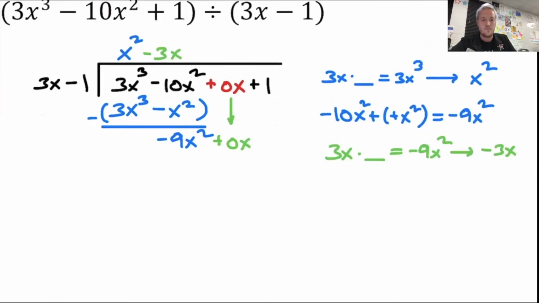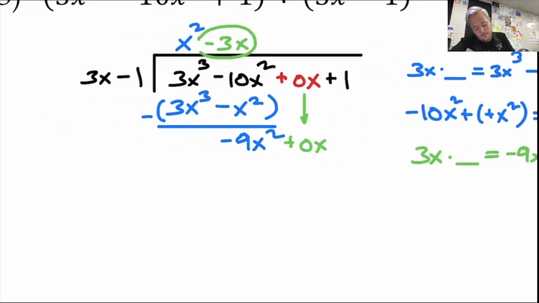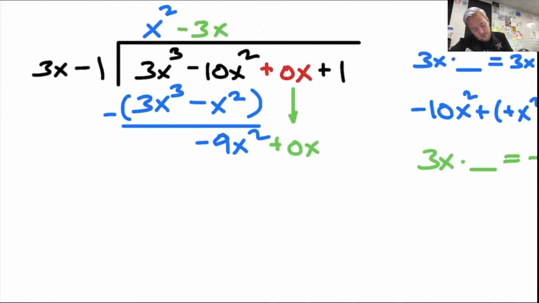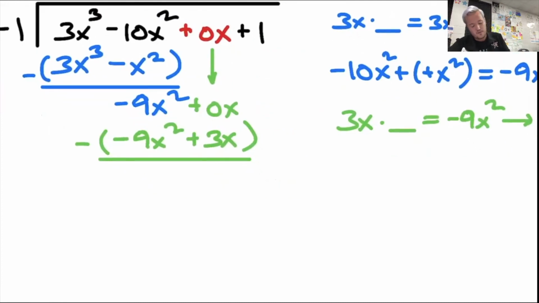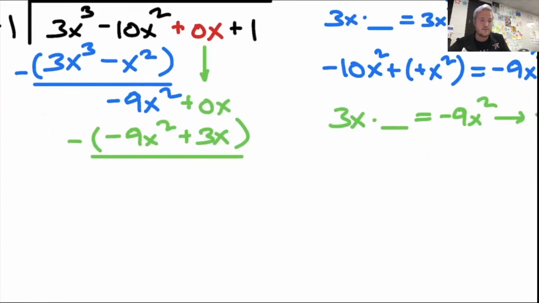So I'm going to multiply negative 3x times 3x minus 1. So we're going to have negative 9x squared plus 3x. And we're going to subtract. So negative 9x squared minus negative 9x squared zeroes out. So we have 0x minus 3x, which is negative 3x.